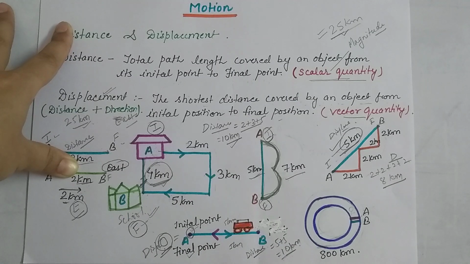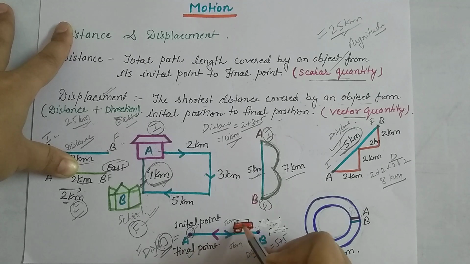Displacement is 0 because the final point and initial point are the same. You started from A and you come to the same point again, so the displacement becomes 0.